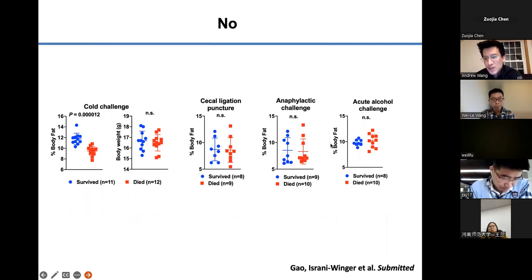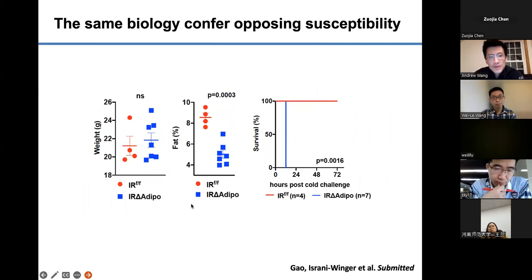Neither is this the case when we do another version of shock, which I mentioned earlier in the talk, using an allergic challenge. And neither is it the case when we do acute alcohol poisoning. So there's some other feature in these challenges that, if one existed in them, would be conferring susceptibility.